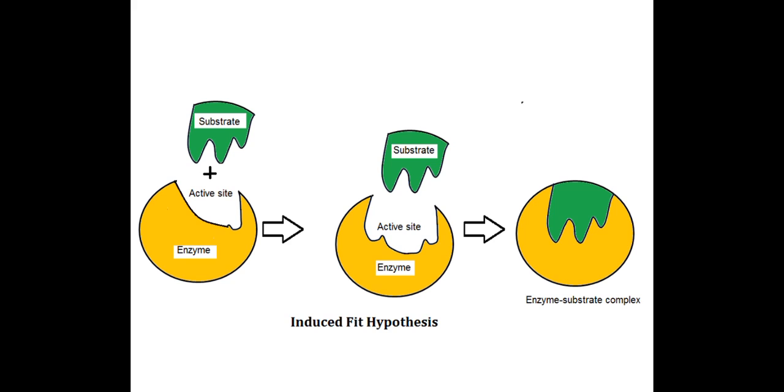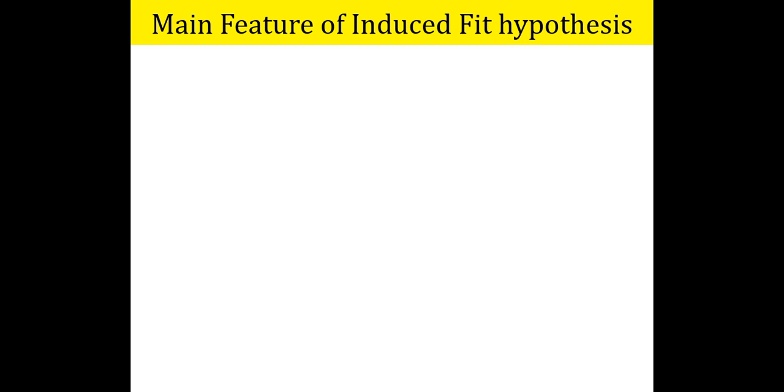So see here the green colored substrate and the yellow colored enzyme. This green colored substrate induces the active sites in the enzyme, and the enzyme substrate complex gets formed. The main features of the induced fit hypothesis are that the enzymes have active sites, but those active sites are not rigid, they are flexible.